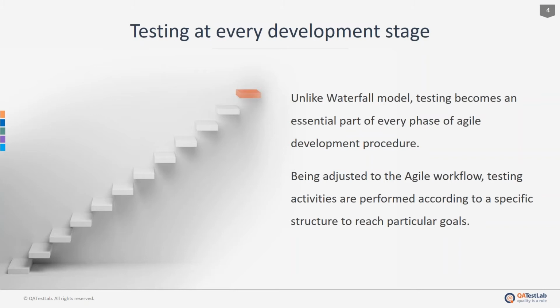Testing becomes an essential component of each and every phase of the development process, with quality being baked into a product, and every stage of its development shows constant feedback from everyone holding a vision of the final product.